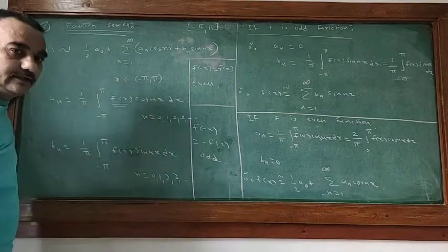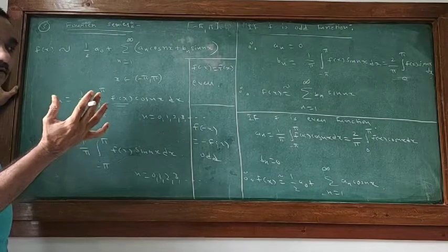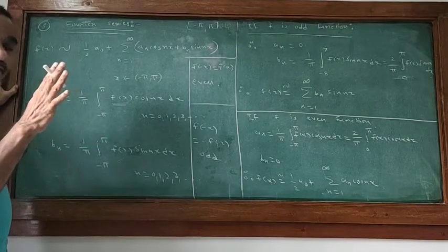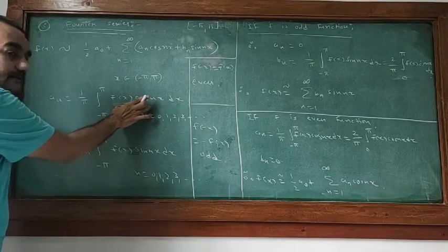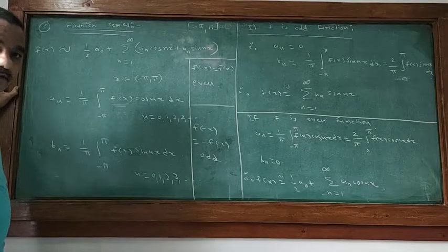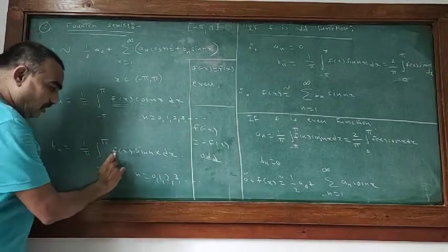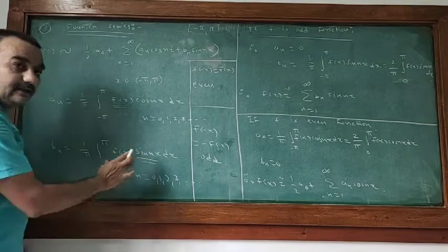Odd function times even function gives an odd function.